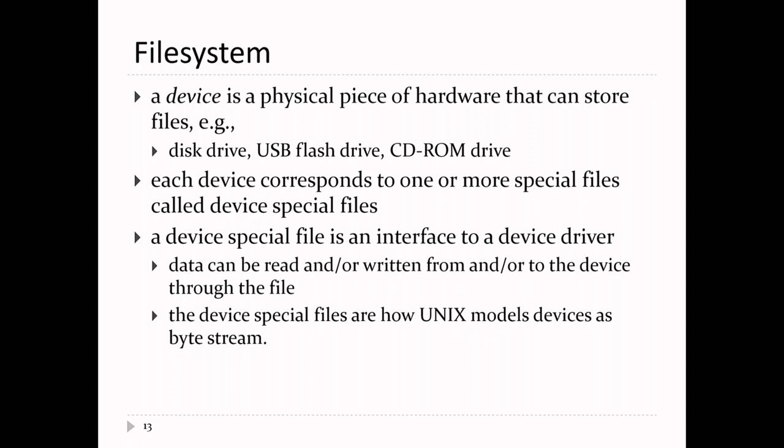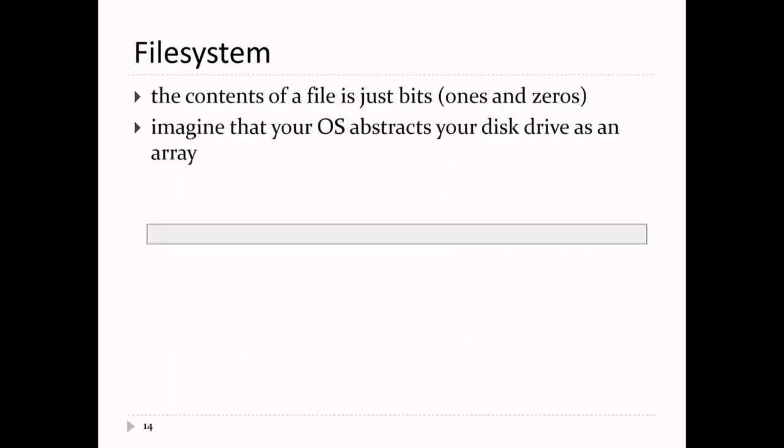The operating system takes care of all the nitty-gritty stuff of dealing with the actual device, the actual hardware itself. So these device special files are how Unix models devices as byte streams. This means that if you want to write to a CD-ROM, it's the exact same thing as writing to a hard drive as far as the user is concerned. They just write to a file.